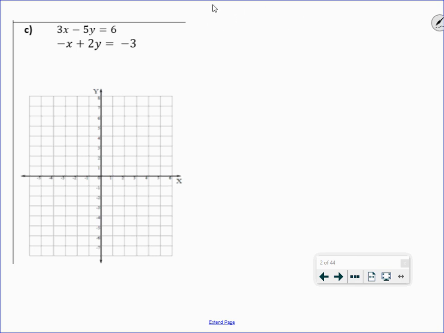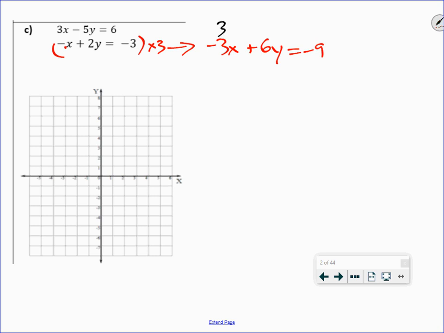So what I'm going to do is I need to have the coefficients of either the x's or the y's either be the same or additive opposites. 2 and 5 are going to be difficult to get the same, but 3 and negative 1 is easy because I can multiply this whole equation by 3. As long as I do anything in an algebra equation to both sides, it doesn't change the value or the truthfulness of the statement.